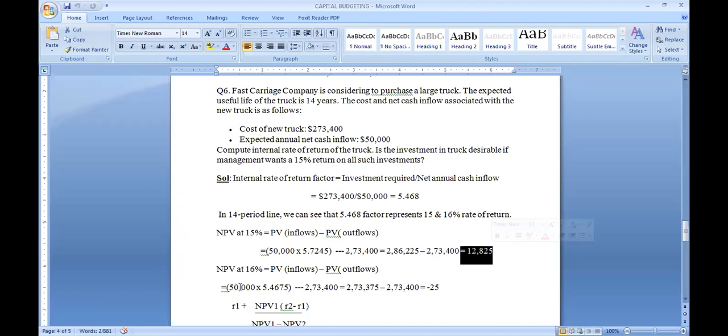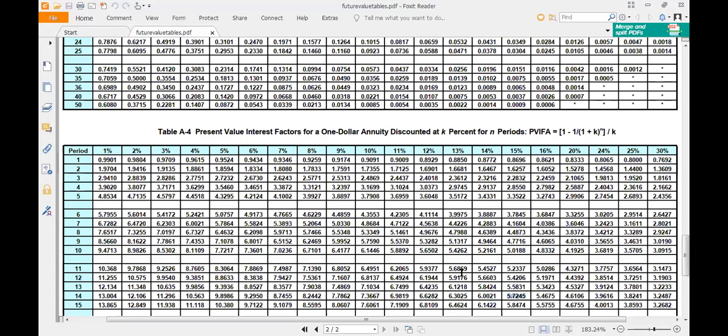So the present value of all cash inflows minus present value of all cash outflows. Now here in this case, the PV factor for annuity will be taken for 16%. Okay. So moving back to the table, we will have to check for 16% and 14 years.